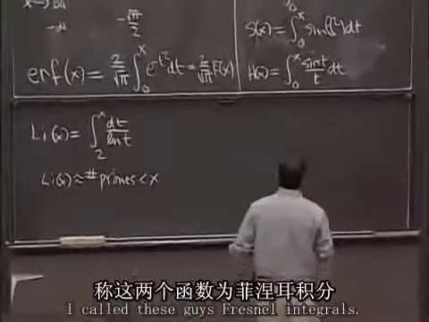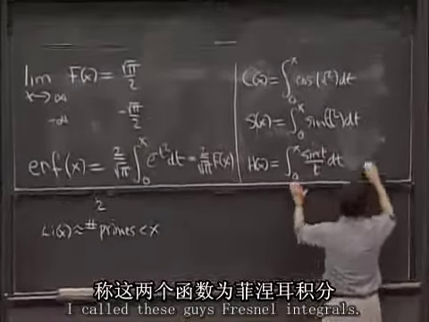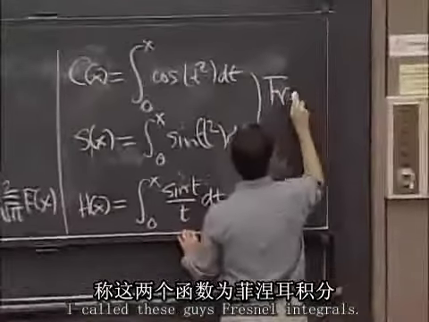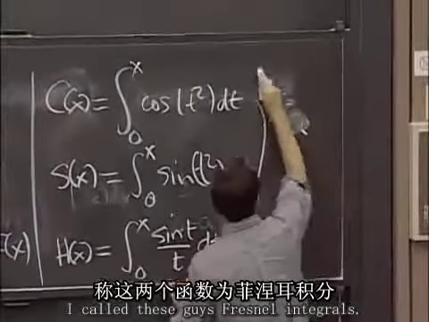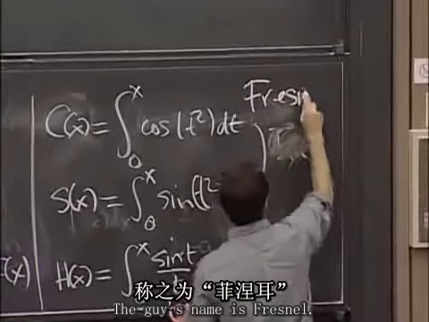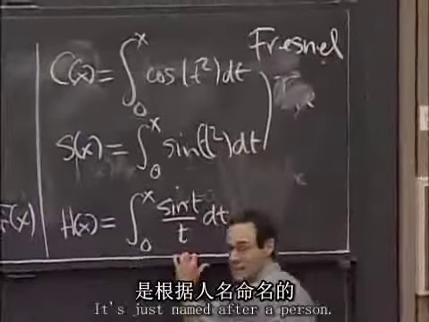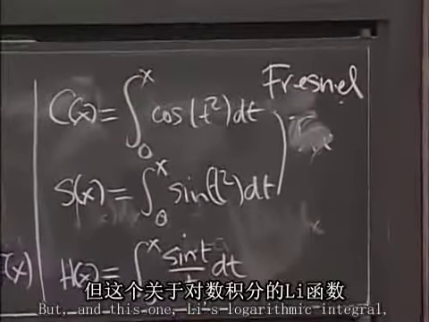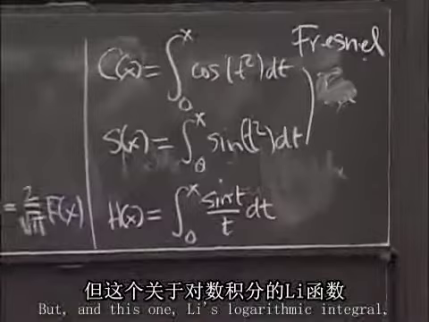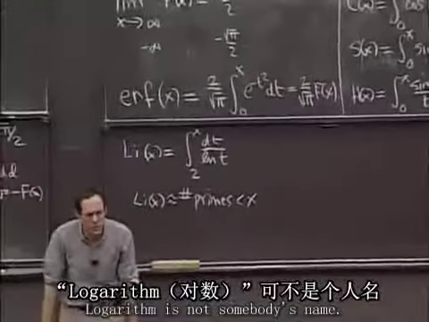Yeah, I called these guys Fresnel integrals. Sorry, the guy's name is Fresnel. It's just named after a person. And this one, Li, the logarithmic integral, is not named after a person. Logarithm is not somebody's name.